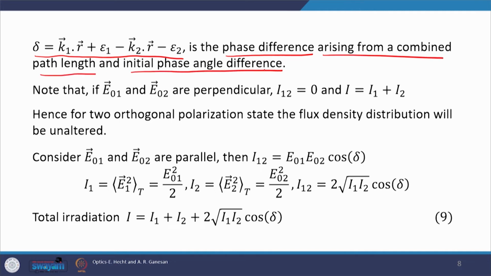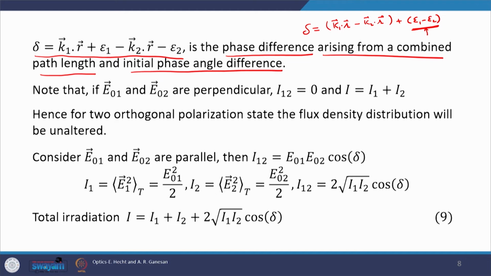Yeah, if you rewrite this expression of delta, then you get delta equal to K1 dot R minus K2 dot R, in brackets, plus epsilon 1 minus epsilon 2. This term is the phase difference arising out of initial phases.